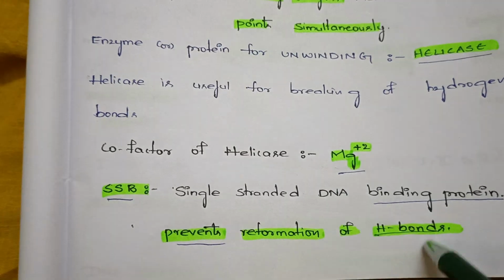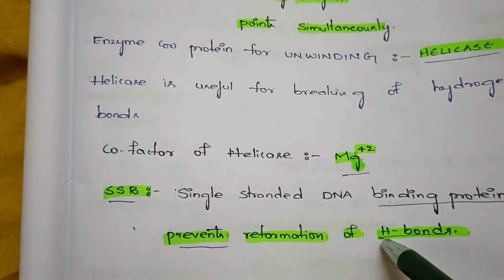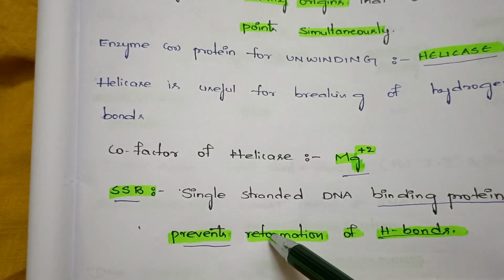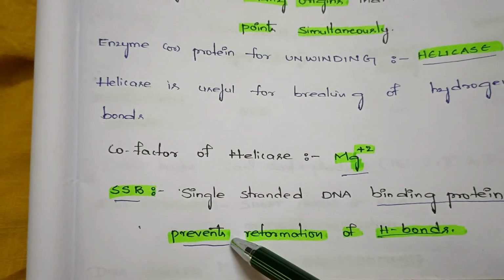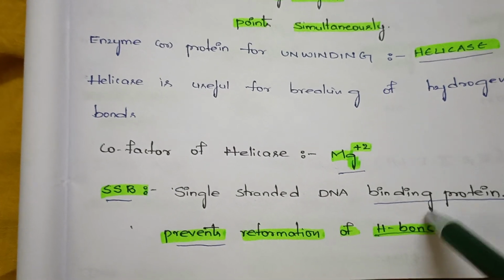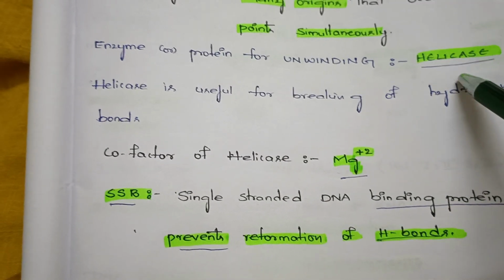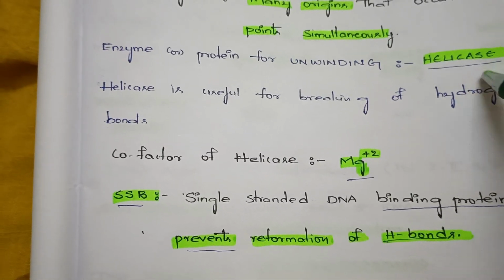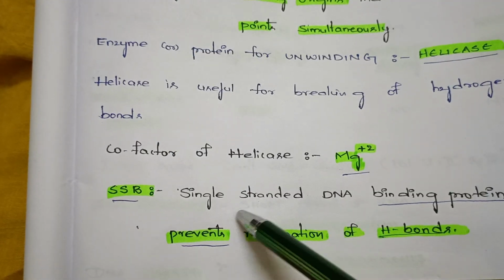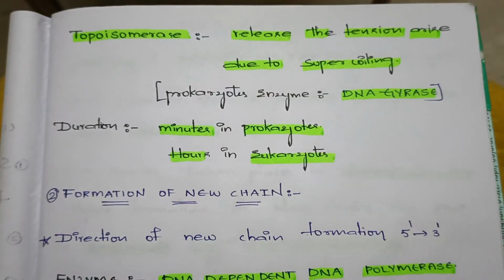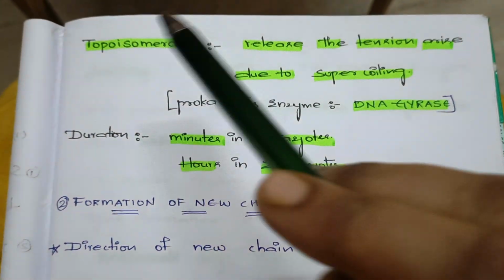If reformation happened, it would again become double stranded, so that reformation is prevented by the single stranded DNA binding proteins. So helicase breaks down the hydrogen bonds, and that separation is maintained by the single stranded DNA binding protein.